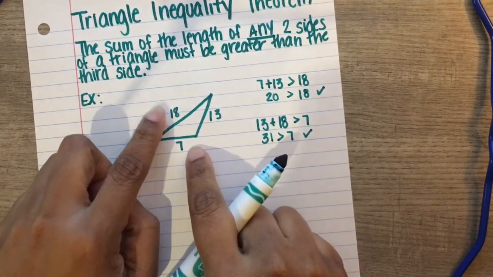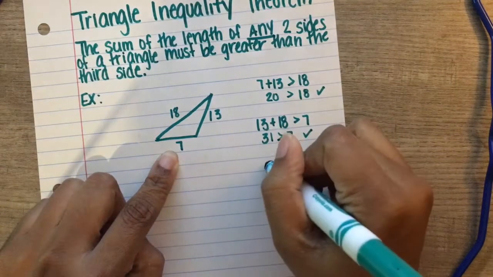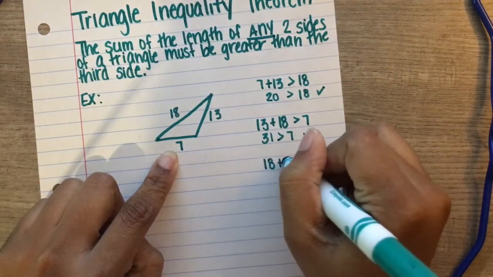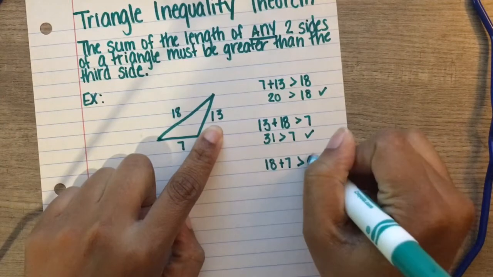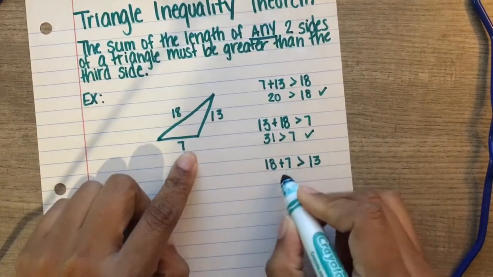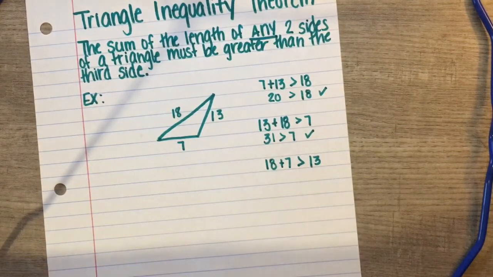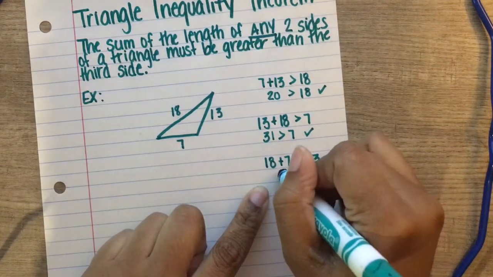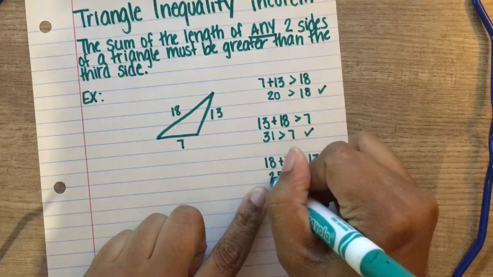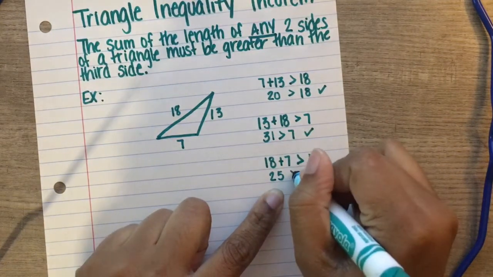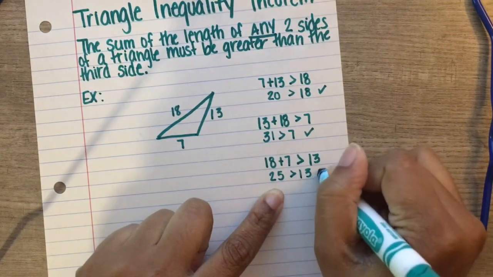All right, so then we have the last two sides to check. So now we would check 18 plus 7. 18 plus 7 has to be greater than 13. So 8 plus 7 is 15, and 5 plus 1 is 2, so there's 25, and 25 is greater than 13.